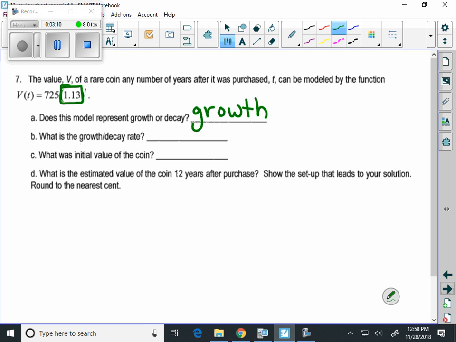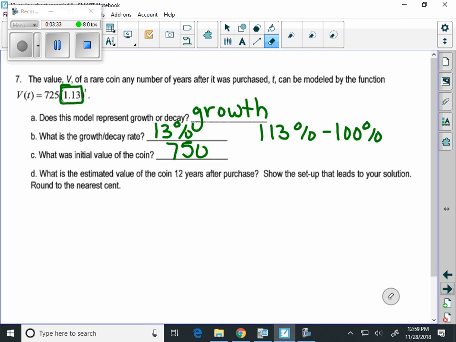To figure out the growth rate on part B, we take 113% minus 100%, and we end up with 13%. The initial value of the coin is the first value in our formula, which is 725.